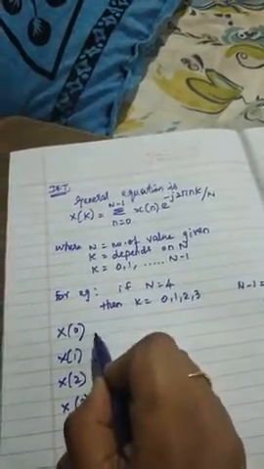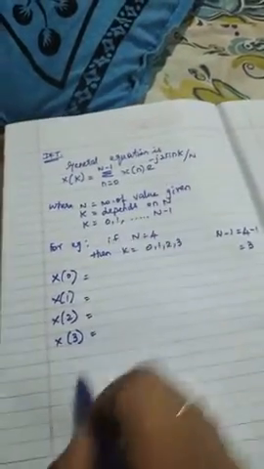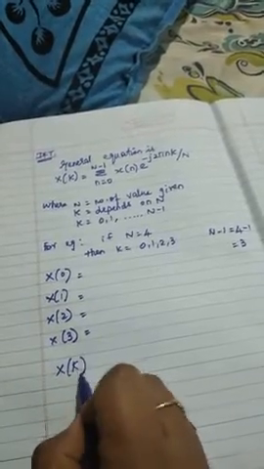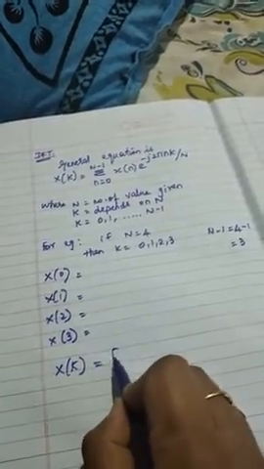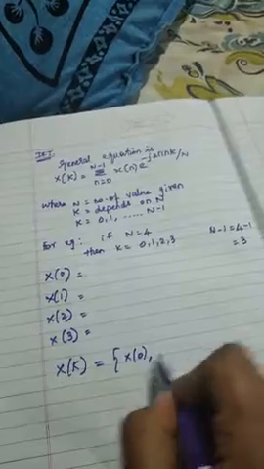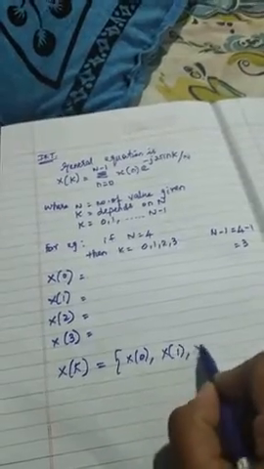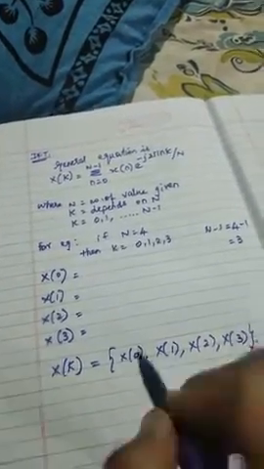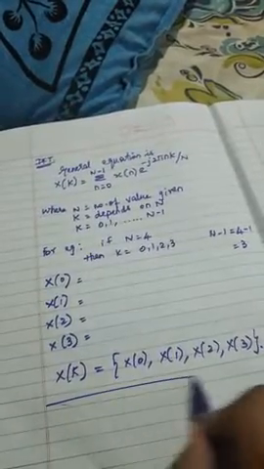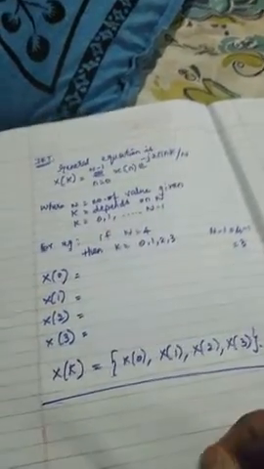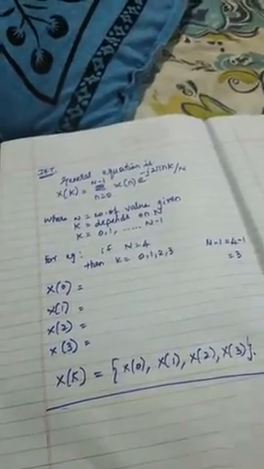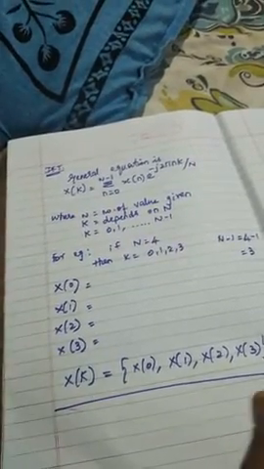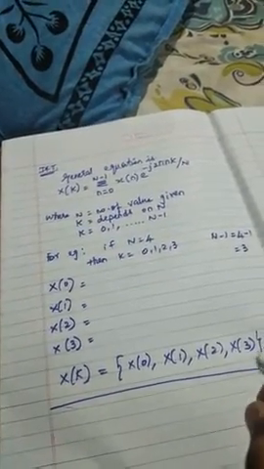Finally, we get some values, and we write the result as X of k is equal to X of 0, X of 1, X of 2, X of 3, and close the bracket. These are the major steps used to find the solution for a DFT. The same method is used for the IDFT also, but there will be some difference in the equation.